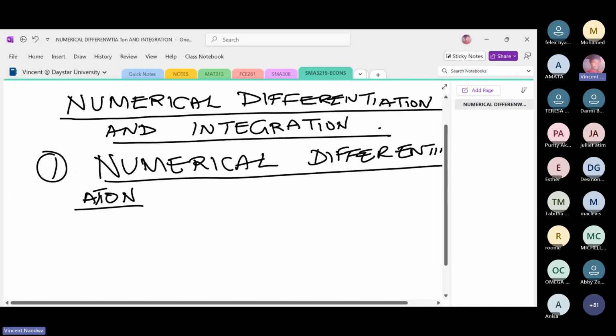A numerical differentiation is simply the process of calculating the value of a derivative when the values of the function are given in tabular form.